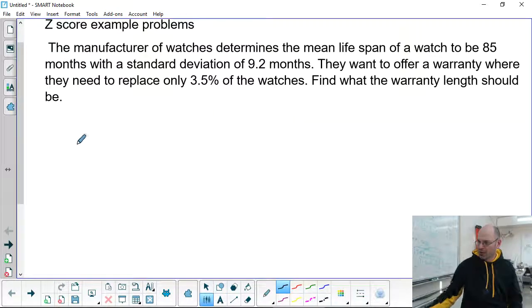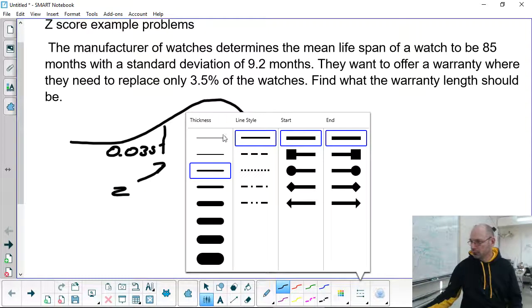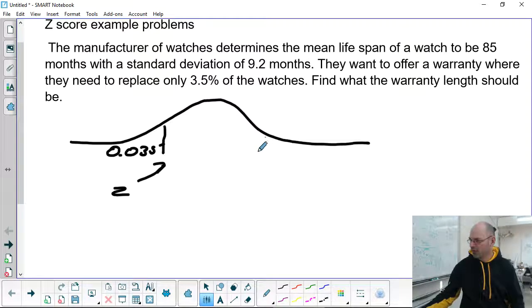So we want only 0.035 here. We have to get the z-score at that spot, and then we can use the z-score.